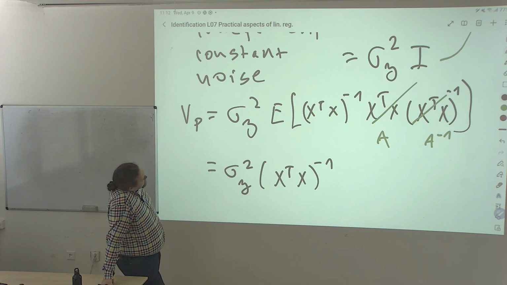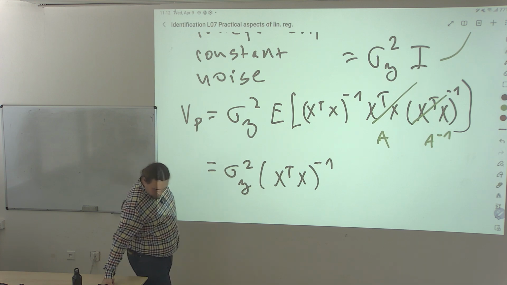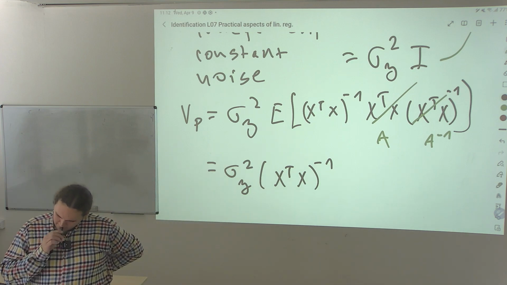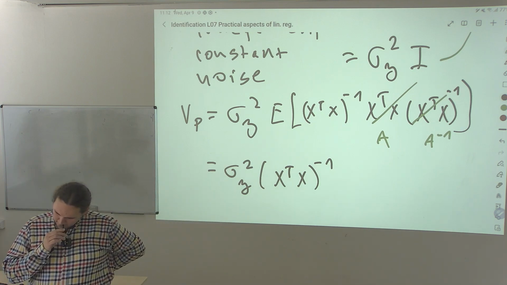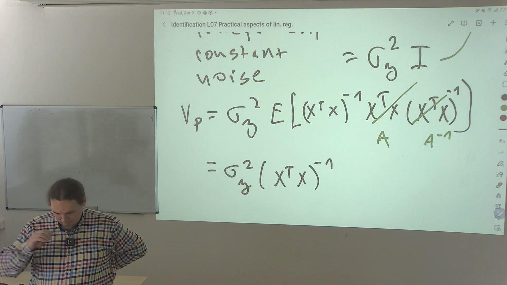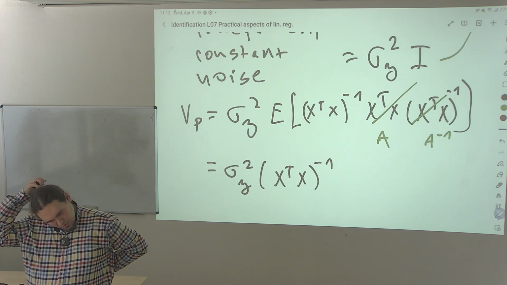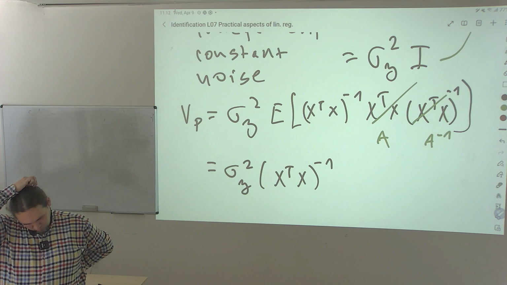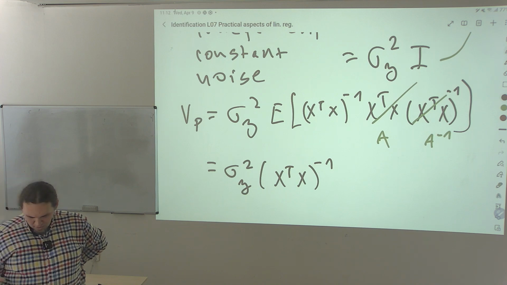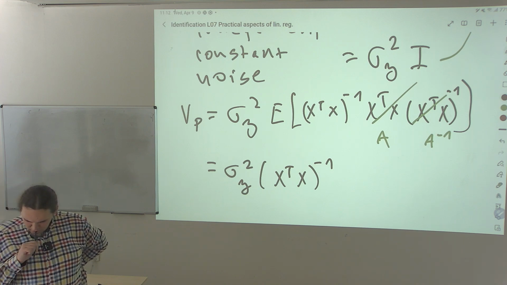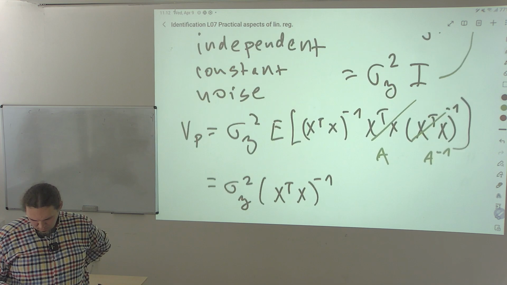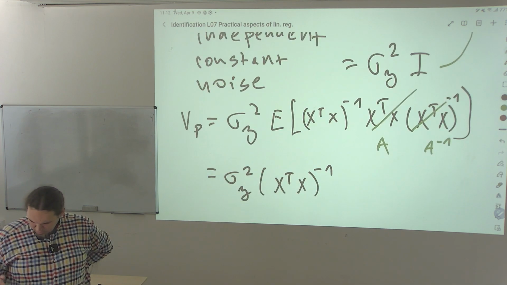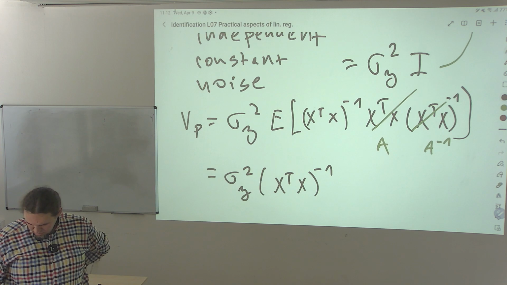Why would it disappear? No, I don't know why.